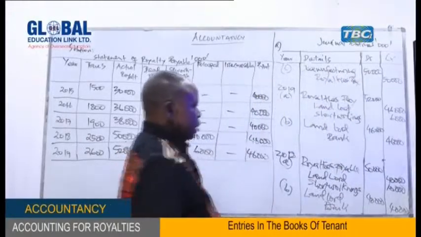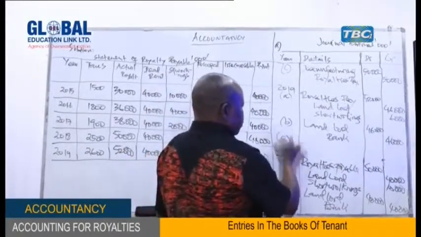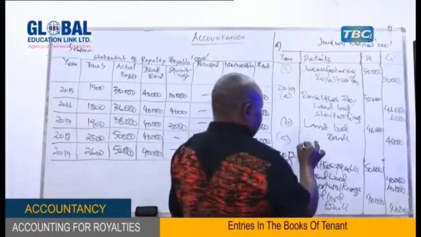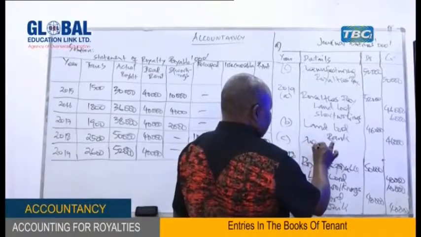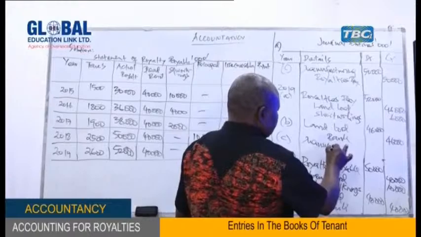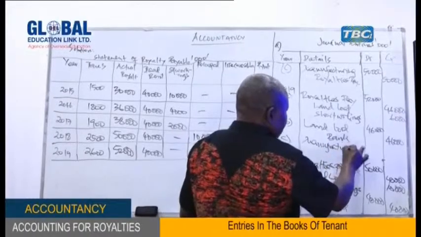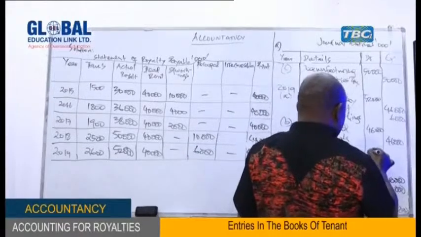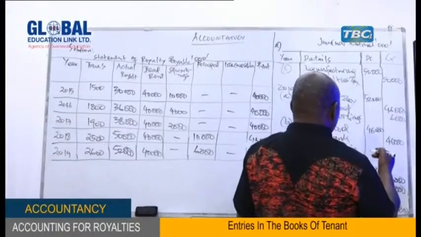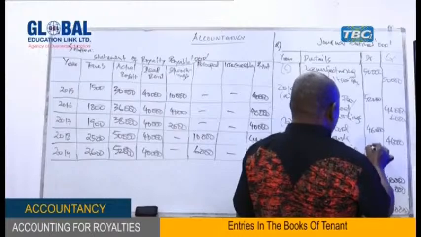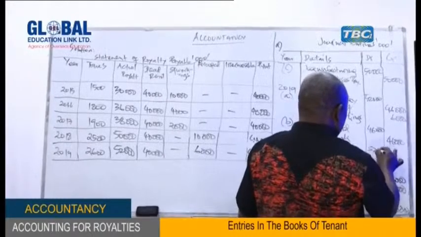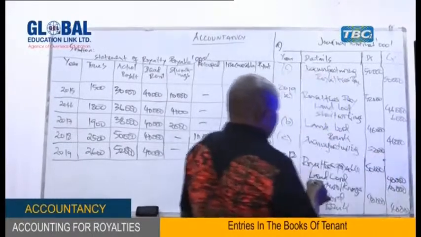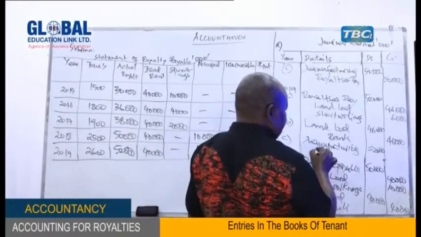Then the last category is to transfer to manufacturing. So we debit manufacturing account. That is the actual, and the actual was 52, and we credit the royalties payable.